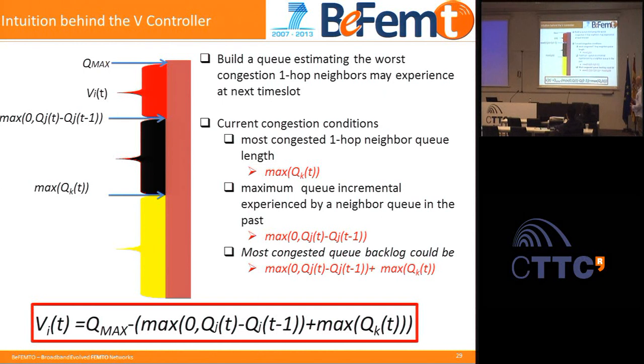And basically, we sum both components, and this is an estimation, in the worst case scenario, of the maximum queue that we will have on the next time slot. And the remainder to reach the bound of the buffer size is our V parameter.